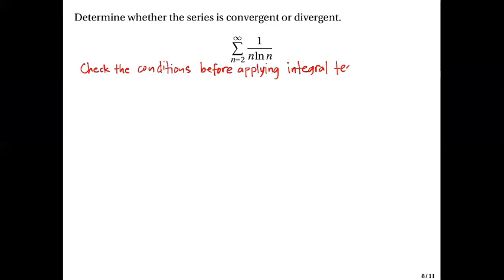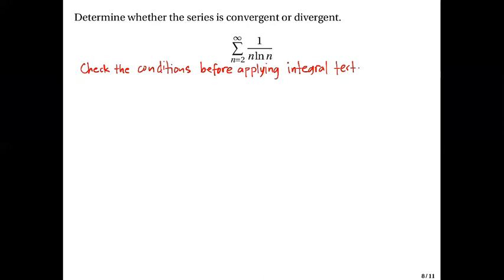Okay. So upon checking, they are all satisfied. Take note, your n here starts from 2. Okay, it starts from 2. Because when n equals 1, ln of 1 is 0. So you cannot have denominator 0.